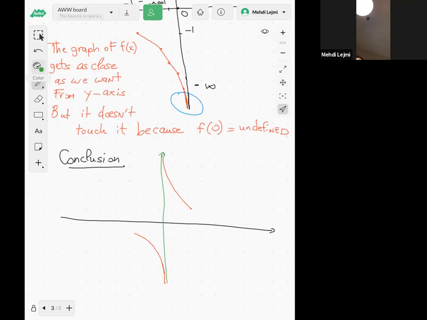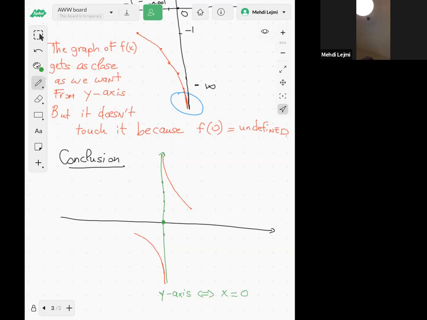The equation of the y-axis is x equal to 0, because if you take any point on the y-axis, the x coordinate is 0. So the y-axis is the same as saying x is equal to 0.